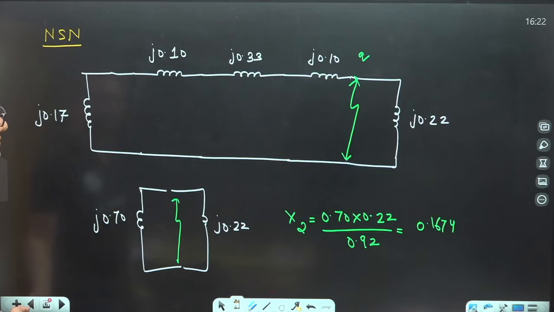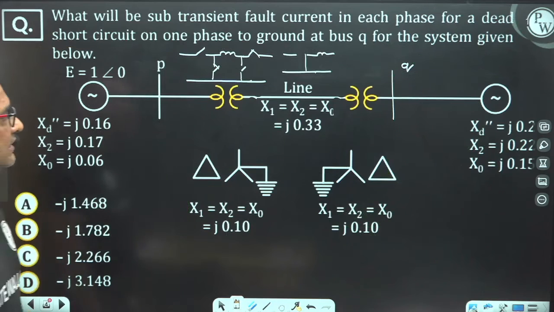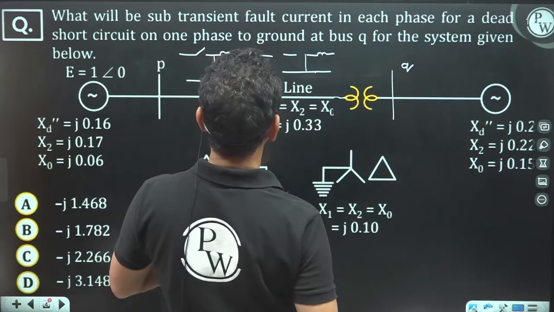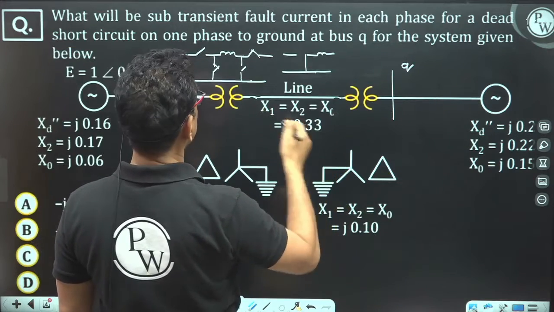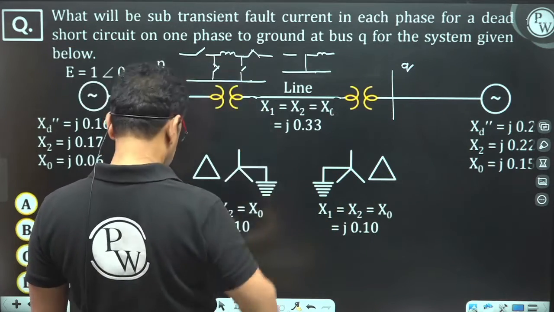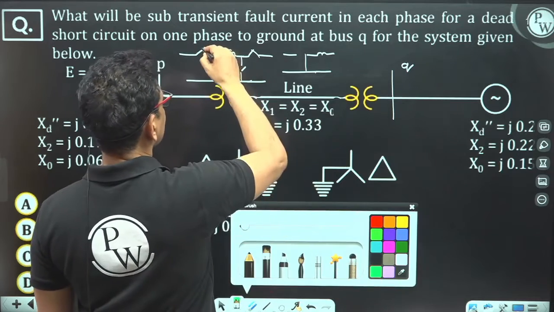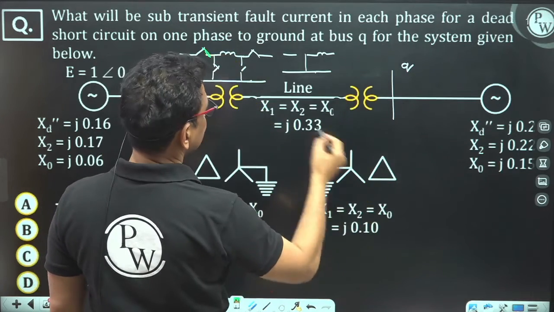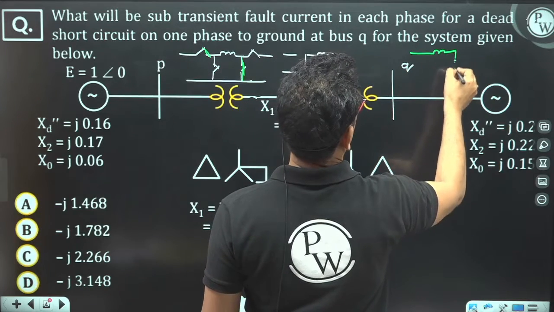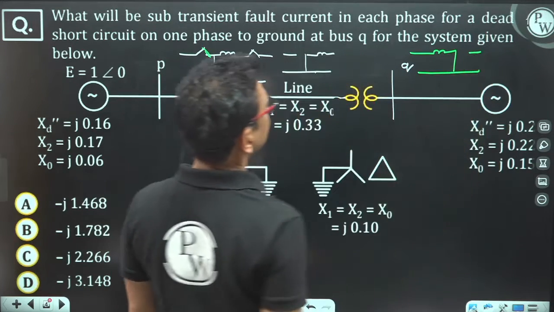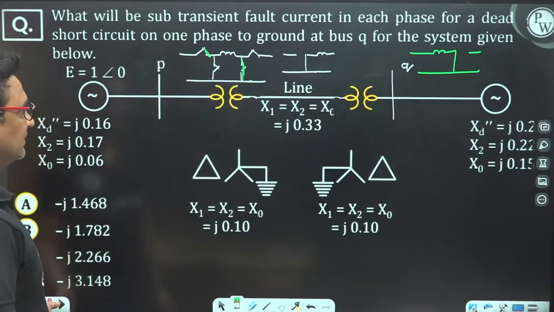Now, again a transformer. Here, this is star connected. That means this switch will be closed and this switch will be closed. So it will be like this.